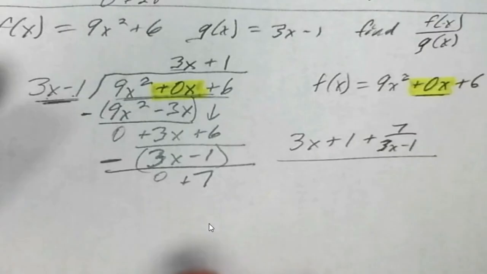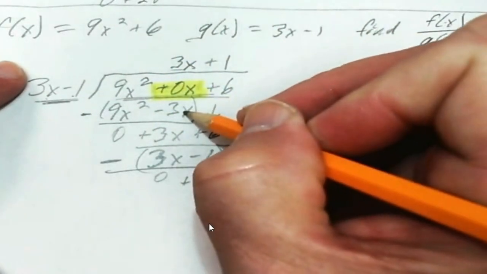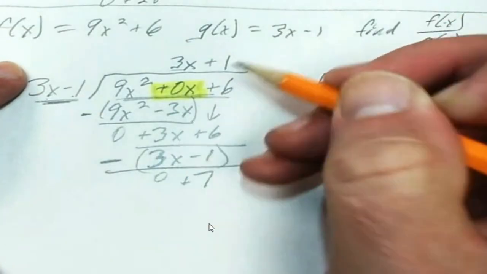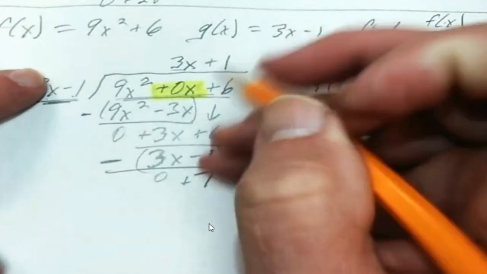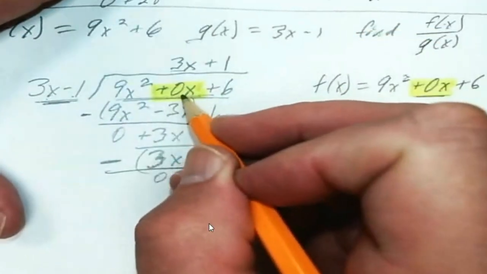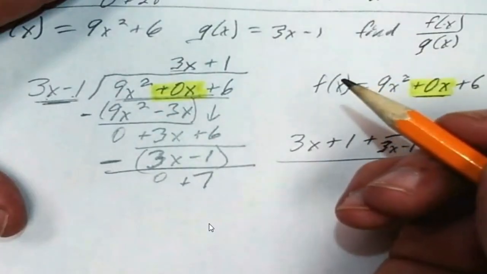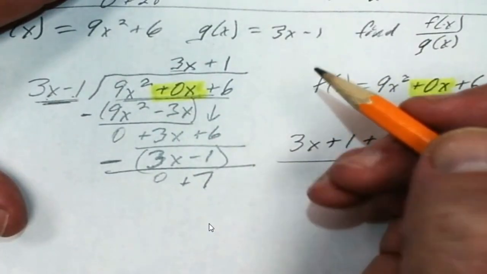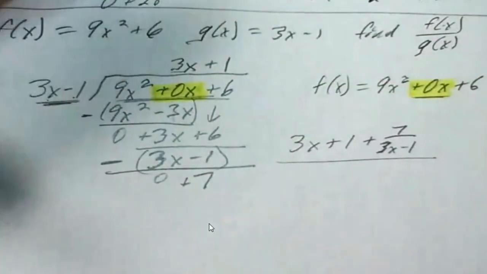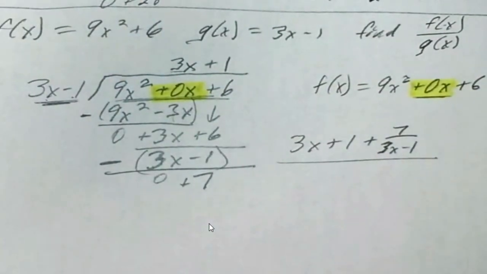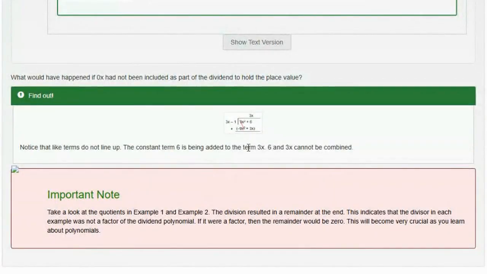When we write it underneath there, we're adding an x to an x. We can do that all day long, or subtracting an x from an x, subtracting an x squared from an x squared. But if we didn't have that term and this was the 6, we wouldn't be able to take 6 and negative 3x and subtract those. They're not like terms. That's why we need those missing terms, because we have to be able to subtract like terms, and we won't have that if we forget that 0 term.